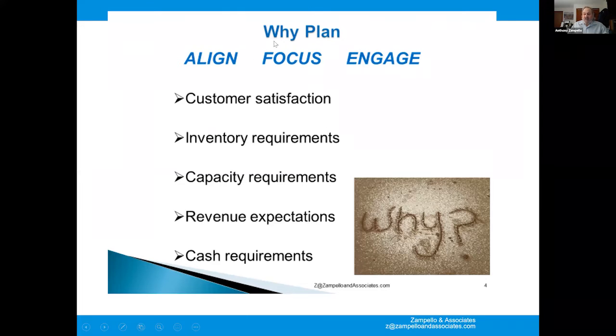So we need to think about trying to align, focus, and engage all of our people. Now, the key here is, we've got to keep our customers satisfied while we're spending the right amount of money on inventory and the right amount of money on capacity. And that's where all of our processes will come into place.